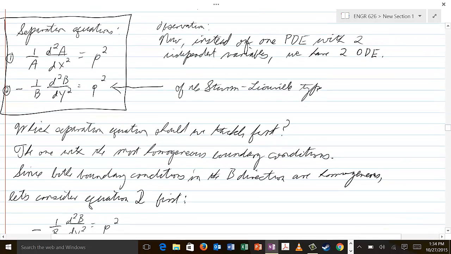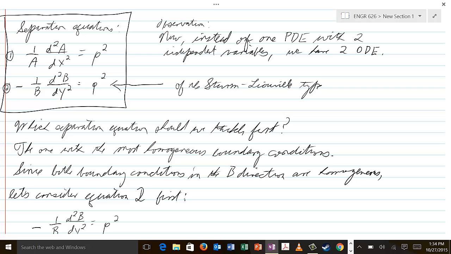Which separation equation should we tackle first? The one with the most homogeneous boundary conditions. And since both of the boundary conditions in the b direction are homogeneous, let's consider equation 2 first. Now, what do we mean there? Let me make sure you understand that.